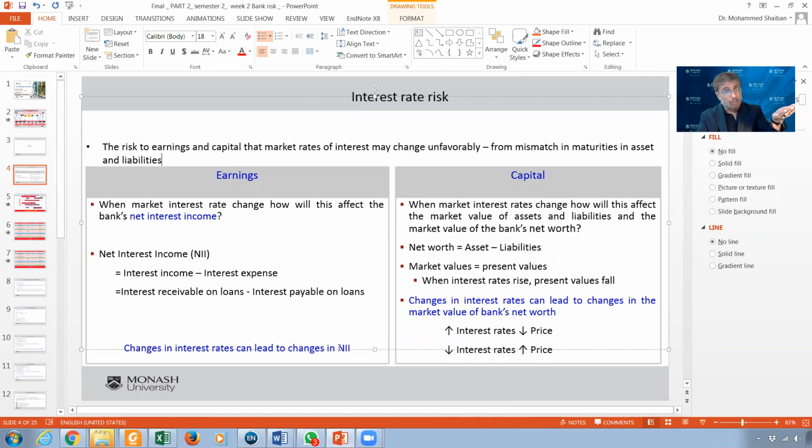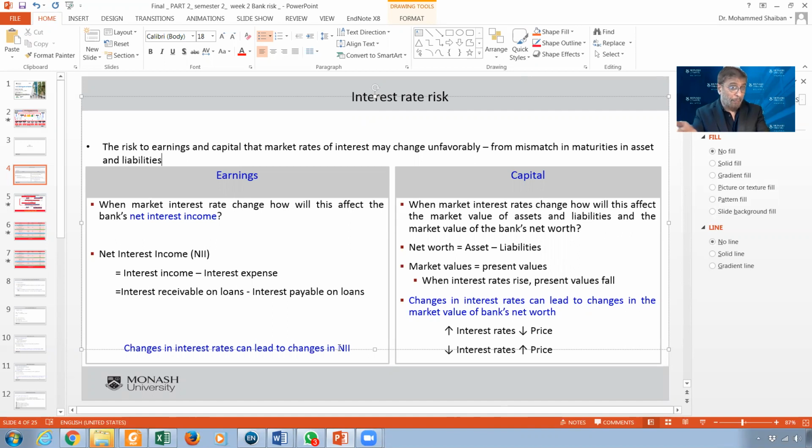But if the case is different and my liabilities are higher than my assets, and the interest rate is increased by 1%, yes, I will get 1% more from my assets, but I will have to pay 1% more to my liabilities. But my liabilities are higher than my assets.